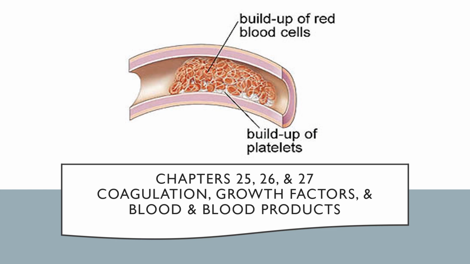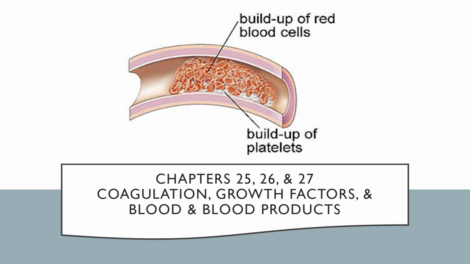Now, the other side of the coin is when you have something wrong with your coagulation system. So, for example, you may be having a disorder where you're missing clotting factors that allow you to form a clot, such as in hemophilia.